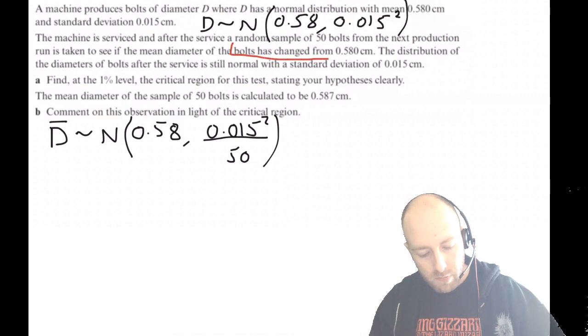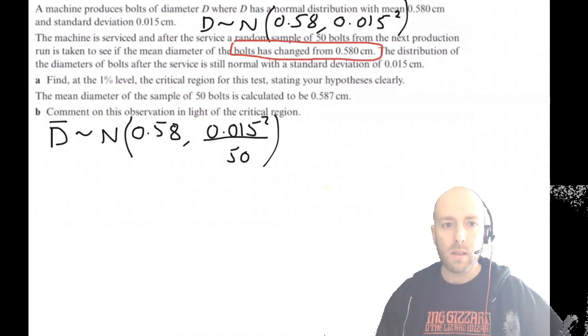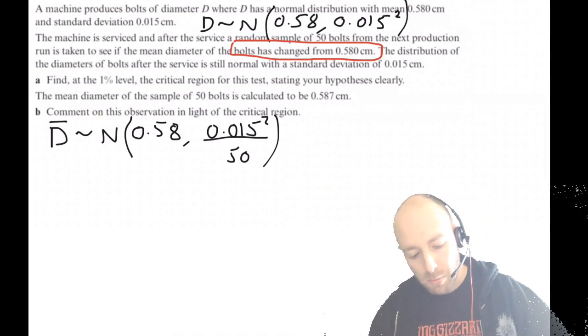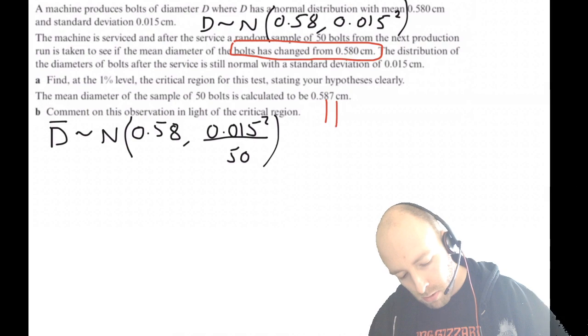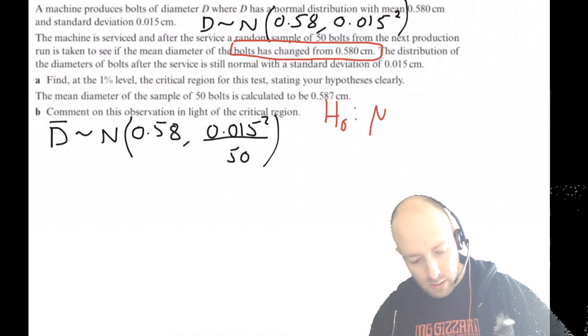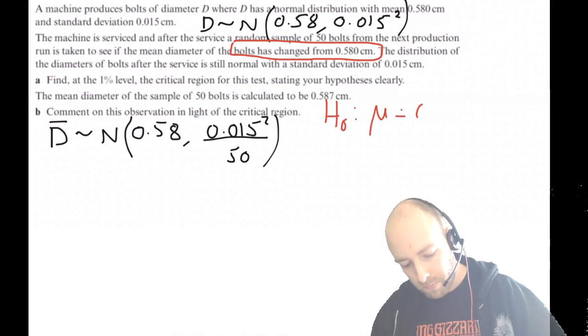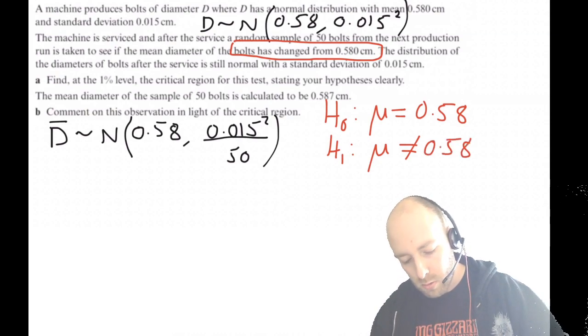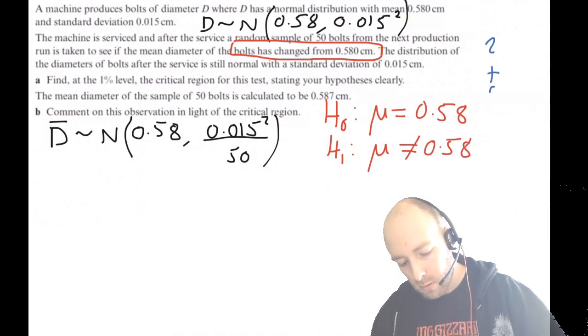So they don't know if the bolts are wider or thinner, they're just saying it's changed. So we've got a two-tailed test. So we need to do our hypotheses: H0 mu equals 0.58 and H1 mu is not equal to 0.58. So it's a two-tailed test.